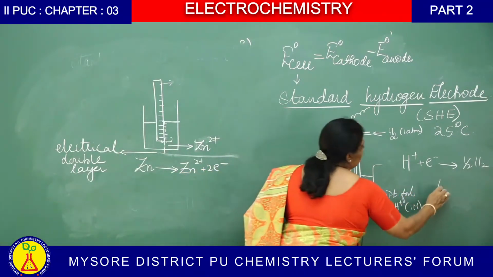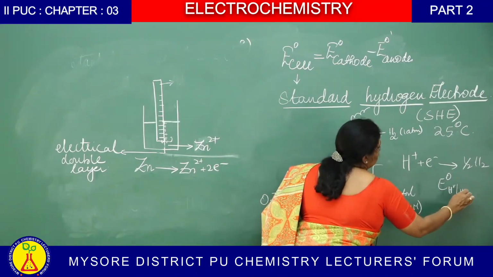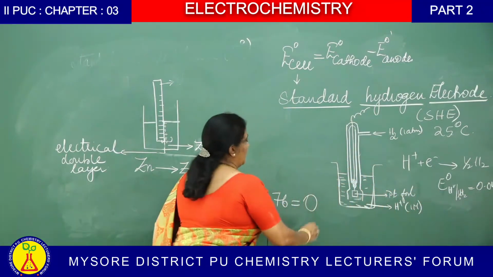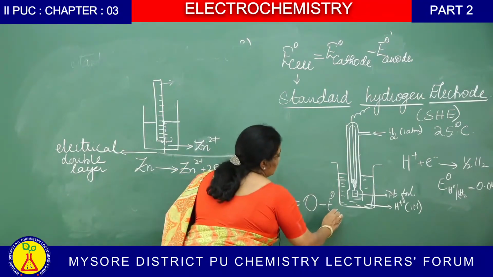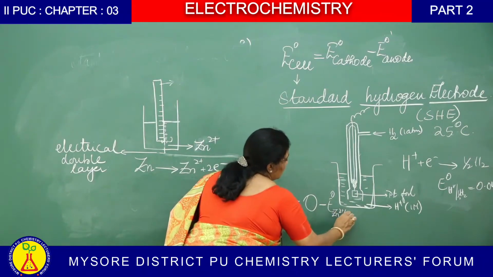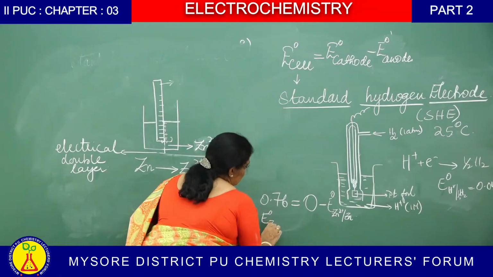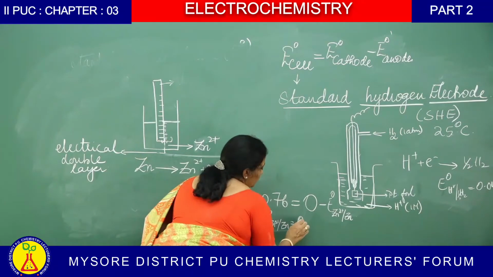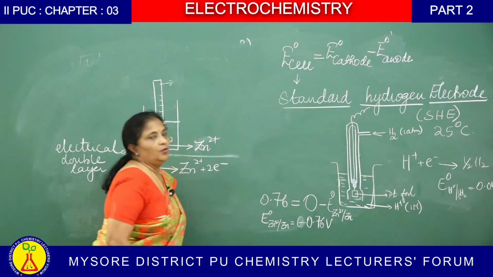So, E naught of H+ bar half H2 is 0.0 volts minus E naught of Zn2+ bar Zn, or E naught of Zn2+ bar Zn is equal to minus 0.76 volts.